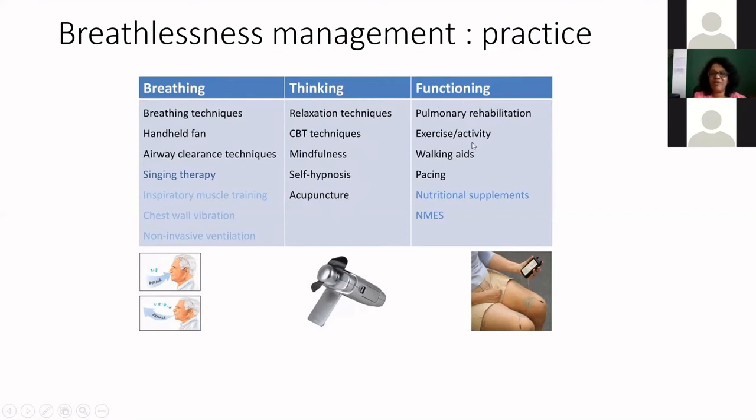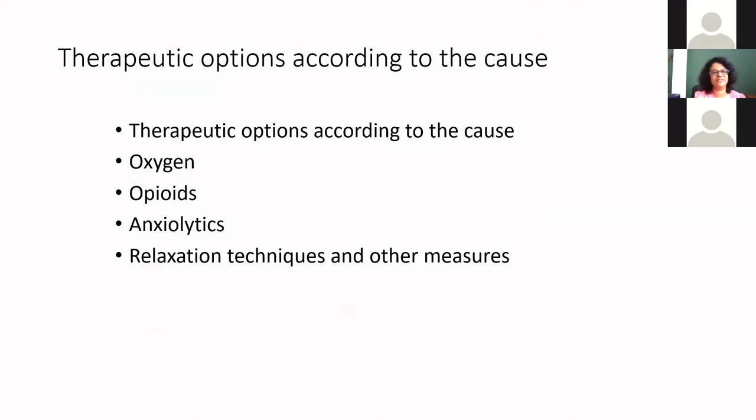And if it is the functioning part, where because of this shortness of breath the patient is getting exhausted and deconditioned, then we have to think about pulmonary rehabilitation, some exercise and activity to improve the upper limb, lower limb and intercostal muscles, and give good nutrition supplements. So likewise, we have to assess all three cycles, right?